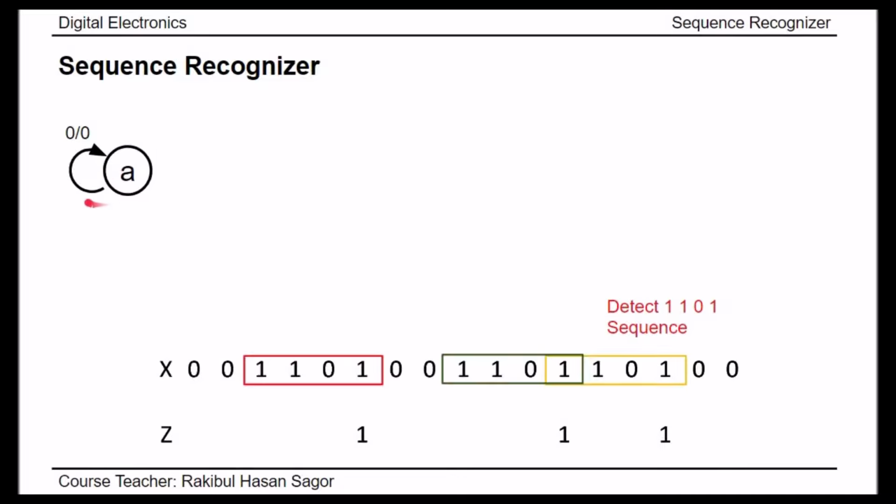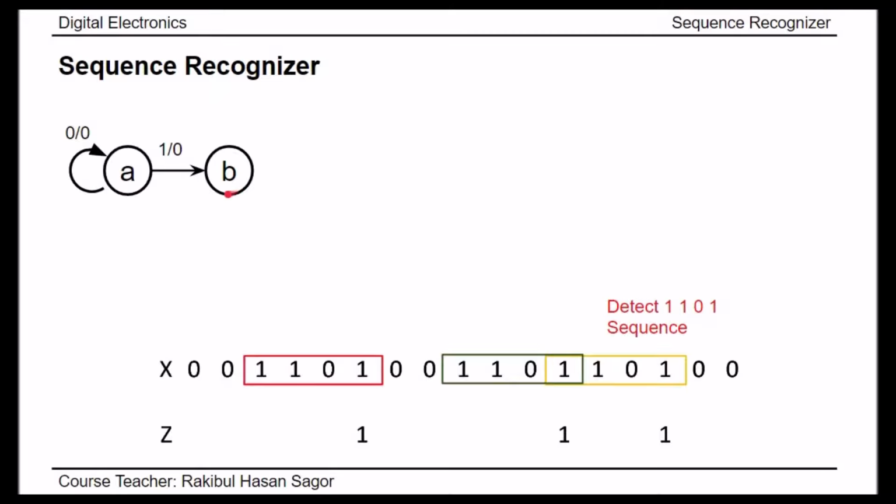As long as X is 0, it will have a continuous loop in this state A. Next, if we get a 1 input being at A, we need to keep it in memory. So whenever we want to keep something in memory, we'll change our state. So whenever we get a 1 input being at A, we'll move to another state, that is B, and for the input equal to 1, the Z output should be 0.